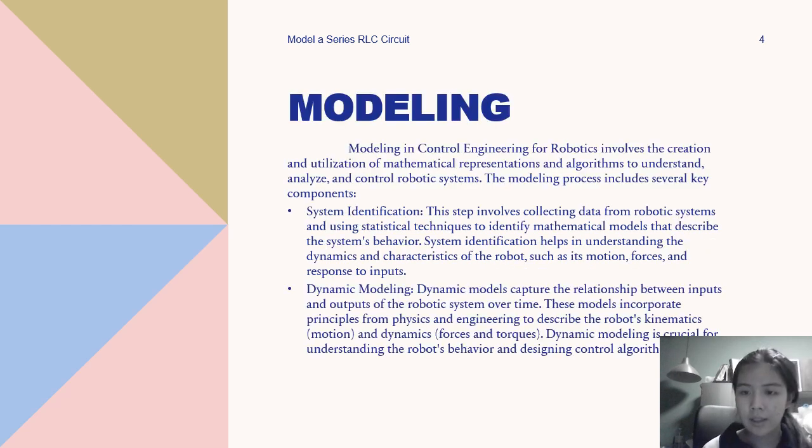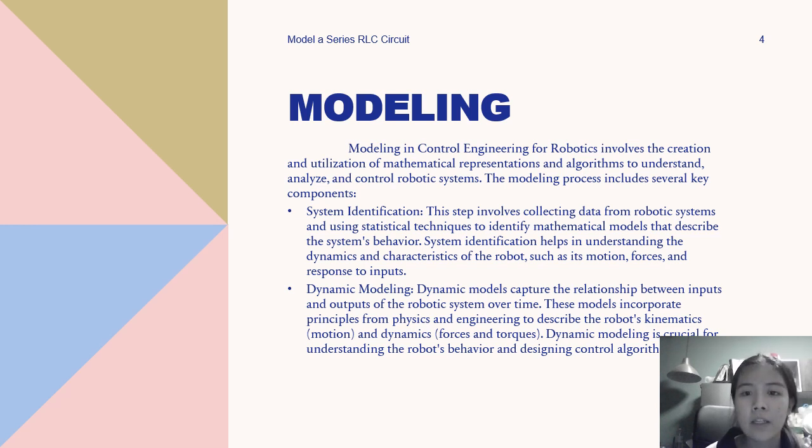And about the modeling, I will briefly explain modeling in control engineering for robotics. It involves the creation and the mathematical or physical representation of the algorithm to understand, analyze, and control the robotic system.